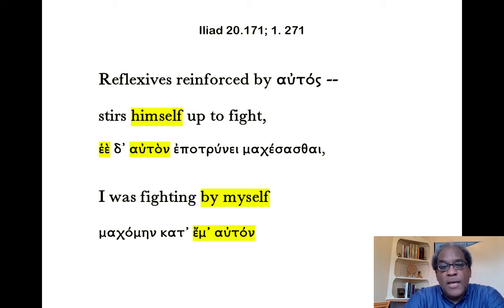And then we have, I was fighting by myself, machomēn kat' emauton. So here we see the third person with auton, and eme, the first person with auton, for himself and then myself.